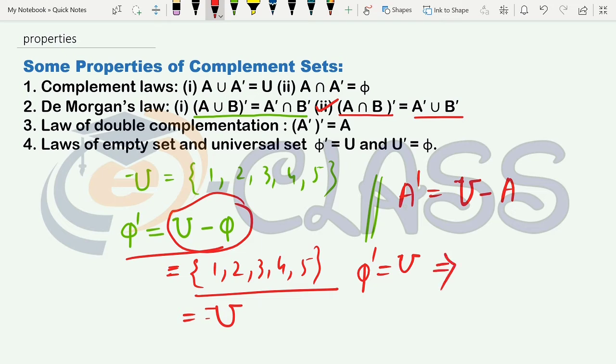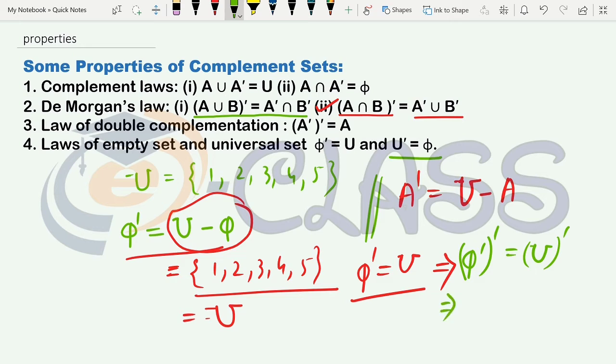From this, phi dash equals U, we can prove that universal set complement equals phi, because phi dash or phi complement equals universal set complement. We take complements of both sets.